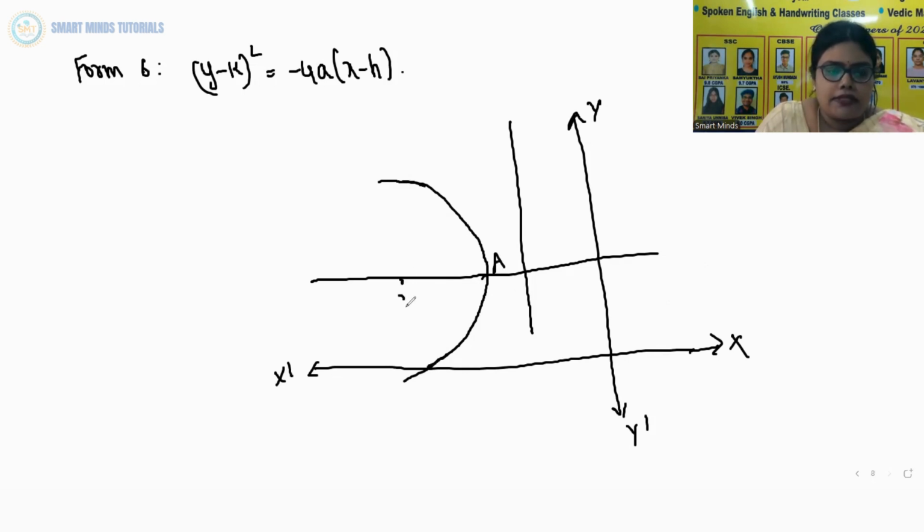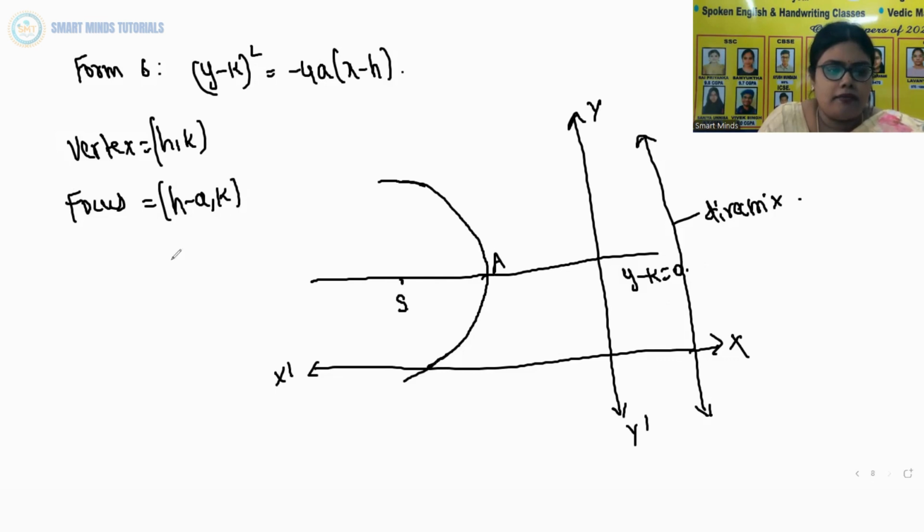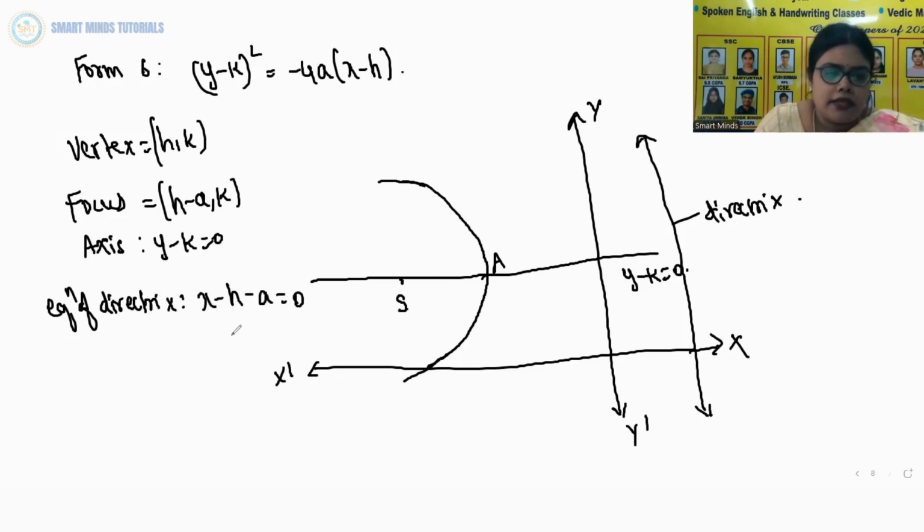This is A, this is S, this is the axis y minus k is equal to 0, and this line is the directrix. Over here, the vertex is h comma k, the focus is h minus a comma k, the axis is y minus k is equal to 0, and the equation of the directrix is x minus h minus a is equal to 0.